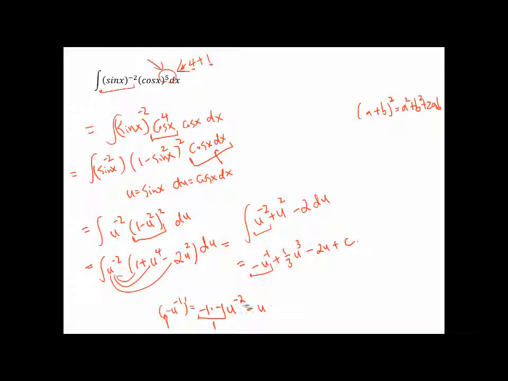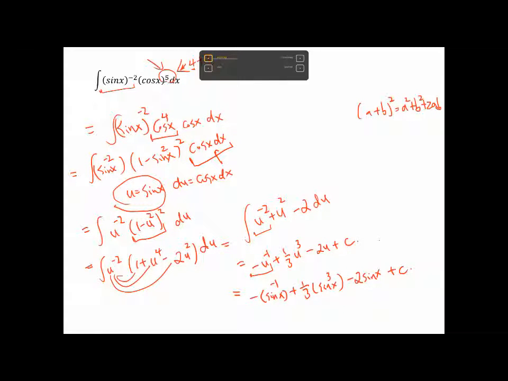So you always want to test if you can go back. If you can't, you probably made a mistake. So the last step is plug in substitution. U equals sine, so negative sine x to the negative 1 plus 1/3 sine x cubed minus 2 sine x plus c. So this is my final answer.